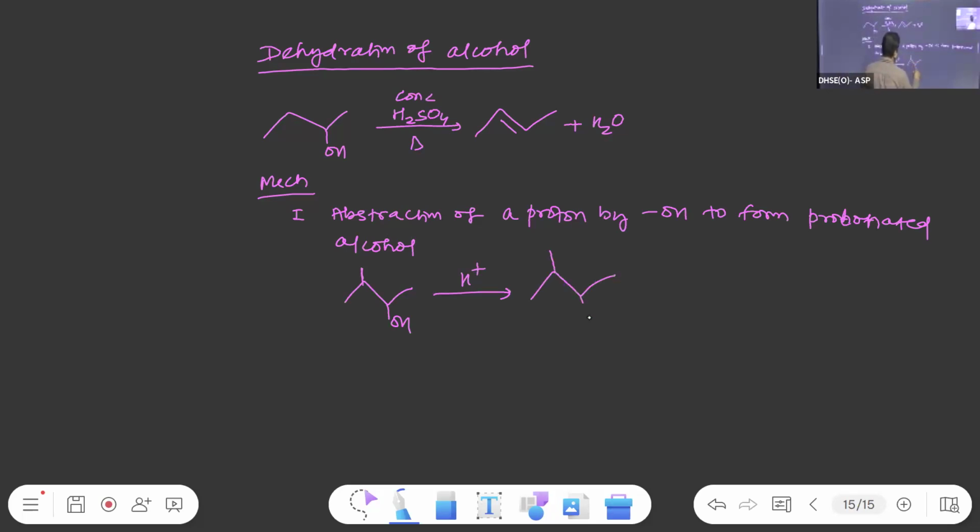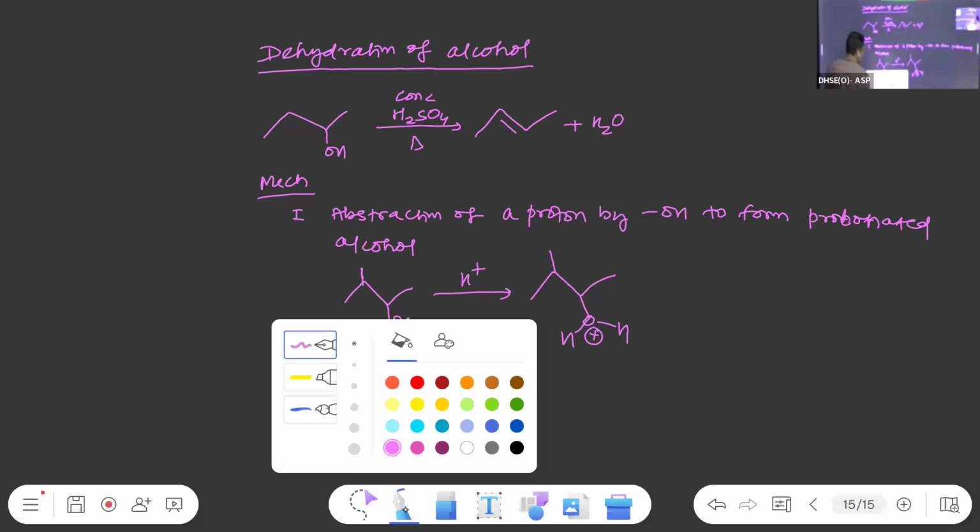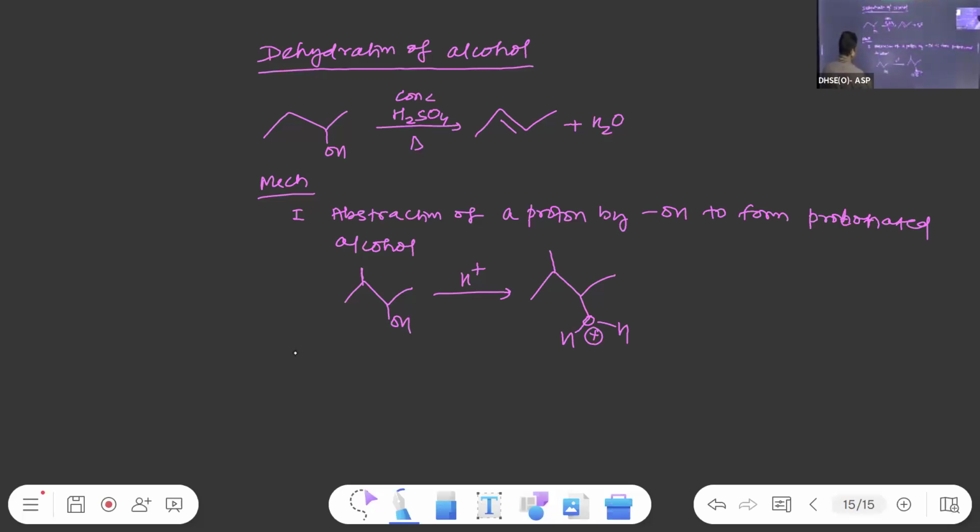This is the first step. This is the protonated alcohol. Step 1. Then what is the second step? Second step, release of water to form carbocation.